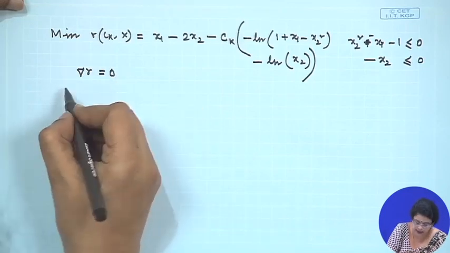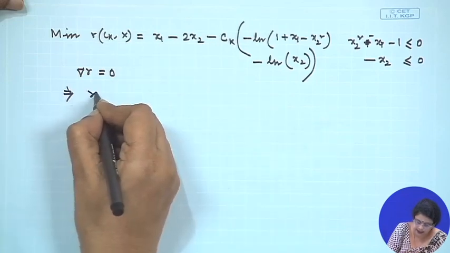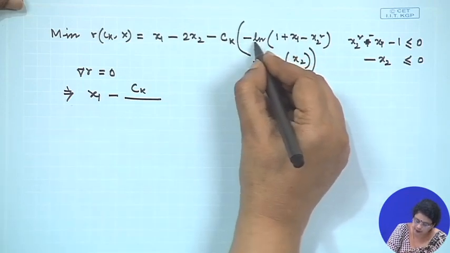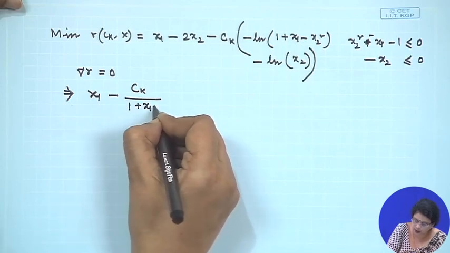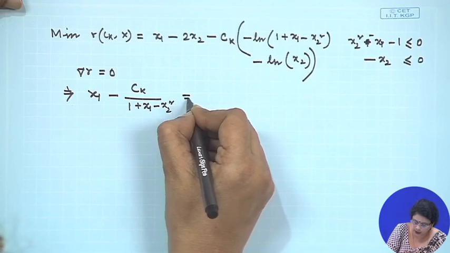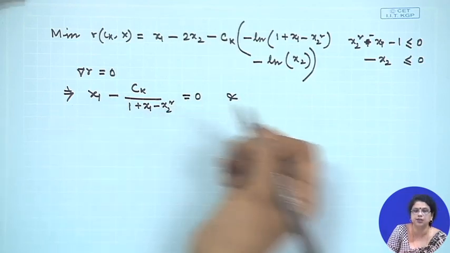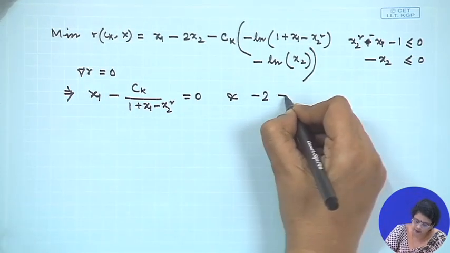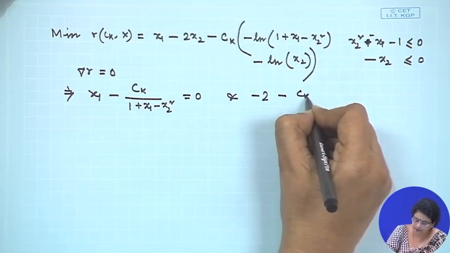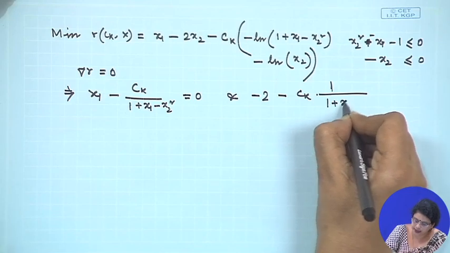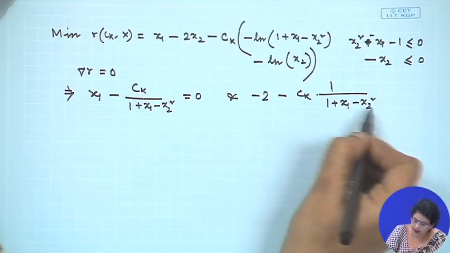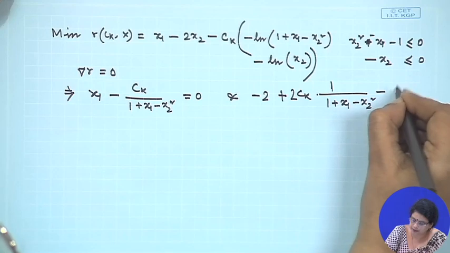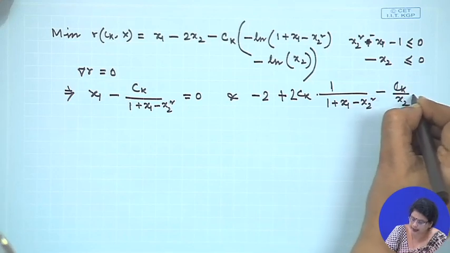The first order necessary condition gives the condition that 1 minus c k divided by 1 plus x1 minus x2 squared equals 0, and we get another condition by partially differentiating with respect to x2, that is minus 2 minus c k divided by 1 plus x1 minus x2 squared, and for this one minus 2 x2, that is plus 2 c k x2, minus c k divided by x2, again equal to 0.